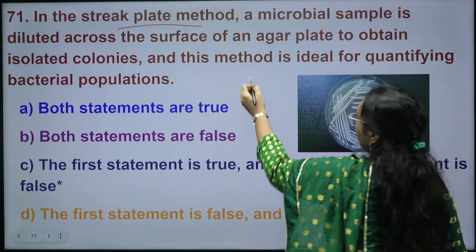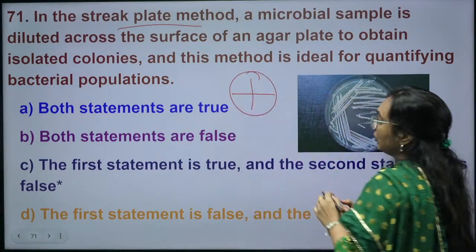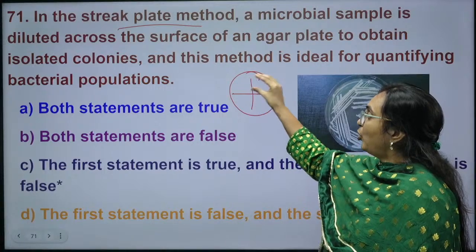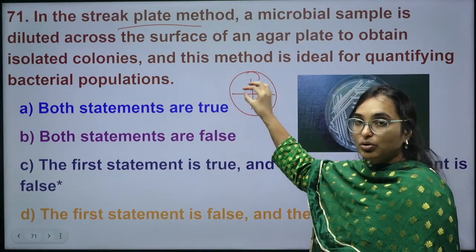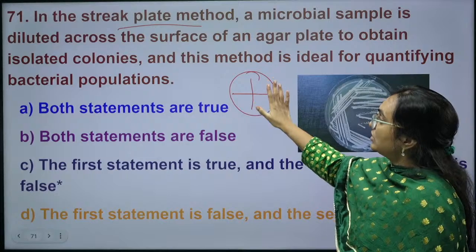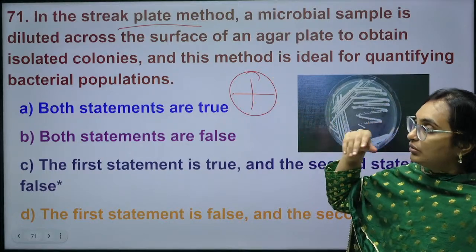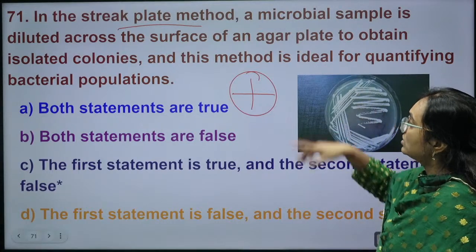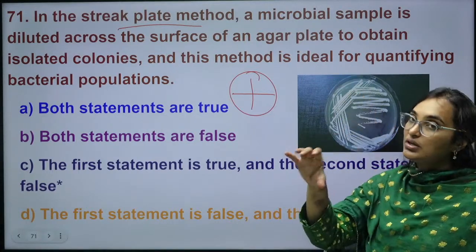Generally, we do this in a quadrant way. So bacteria will spread over the plate and develop colonies, so each colony you can identify. That is the major usage of the streak plate method. It is diluted across the surface of an agar plate to obtain isolated colonies.